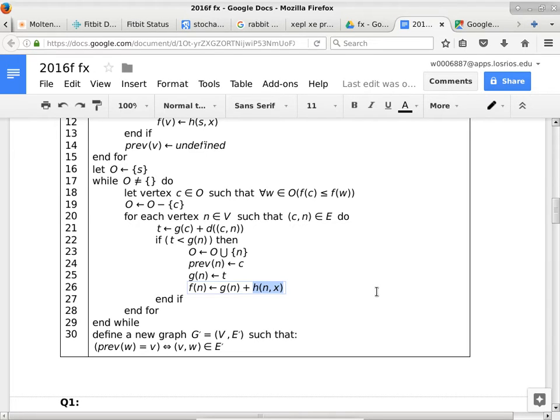The cost of edges are also guaranteed to be non-negative, and you can even assume that they're non-zero. Given those two facts, can you look at this algorithm and say, is it possible for us to get into an infinite loop? What will it take to get into an infinite loop in this algorithm? And why is that not possible?